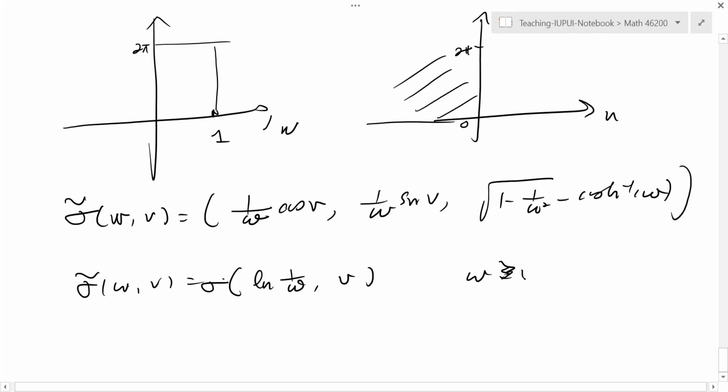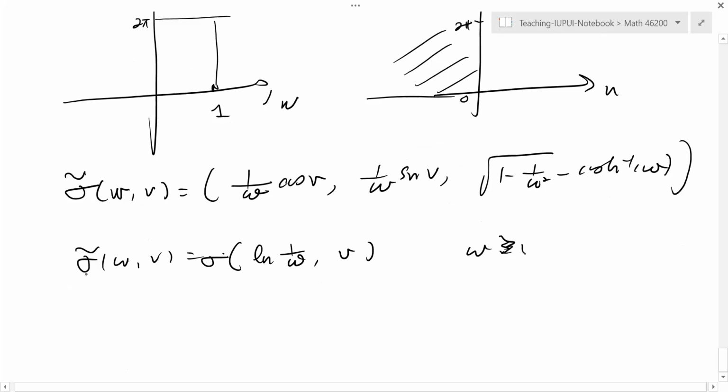All right. So with respect to this coordinate, E tilde is 1 over w squared, G tilde is 1 over w squared, and F tilde is still 0.